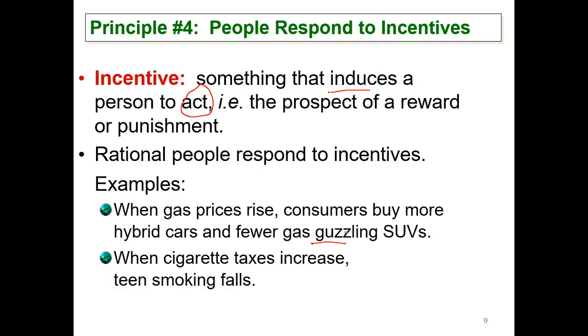Another example: when cigarette taxes increase, smokers, if the tax on cigarettes is high, will decide not to smoke because it is expensive. So this is in terms of rewards and punishment.